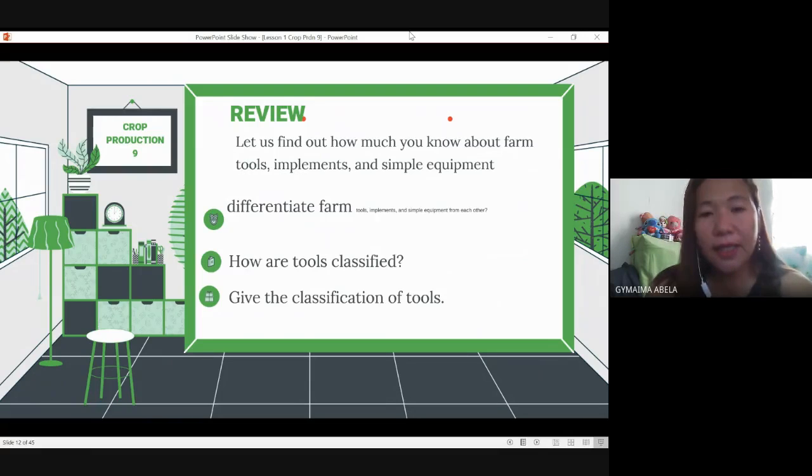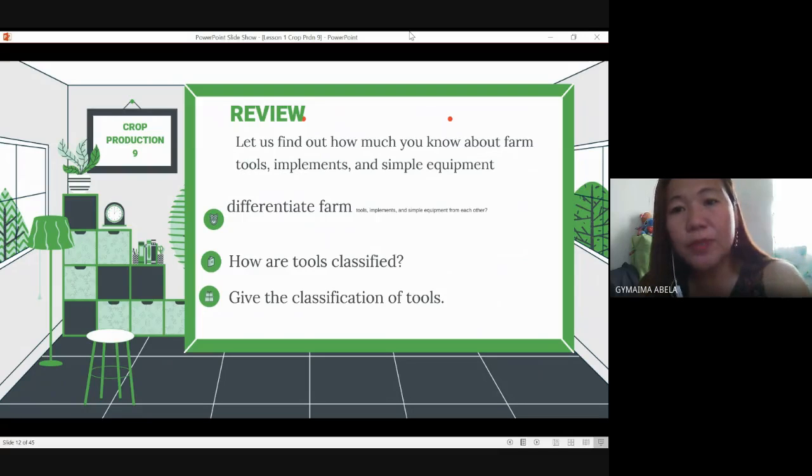First, let us differentiate farm tools, implements, and simple equipment from each other.